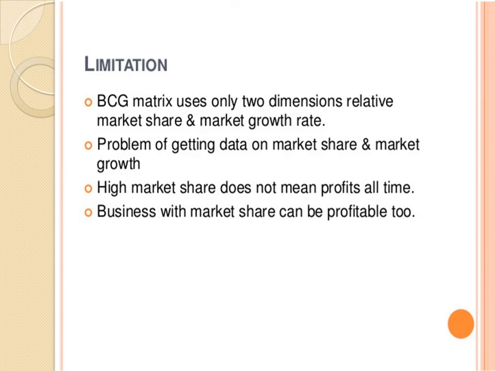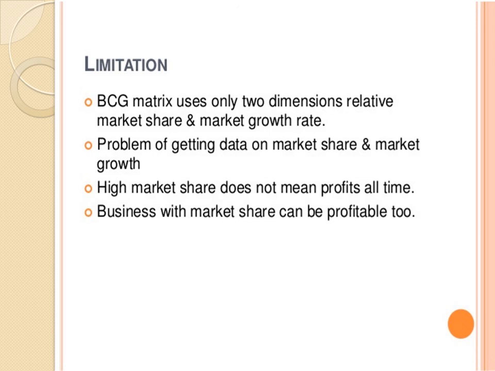Then come some of the limitations. So what are the limitations? The BCG matrix uses only two dimensions: relative market share and market growth. The problem of getting data on market share and market growth is that perfection will not be there, and high market share does not mean the profits are good, and businesses with low market share can be profitable too.